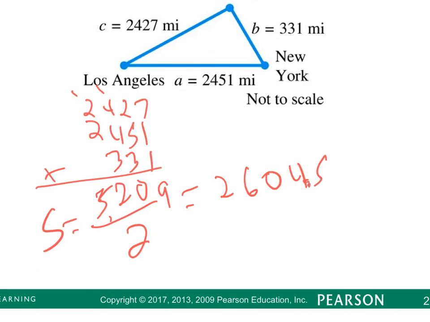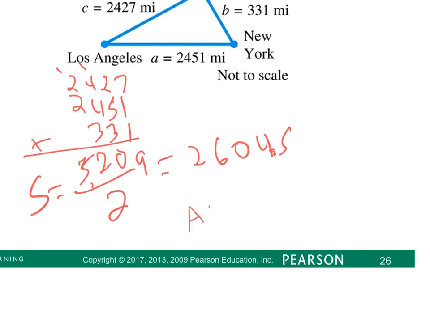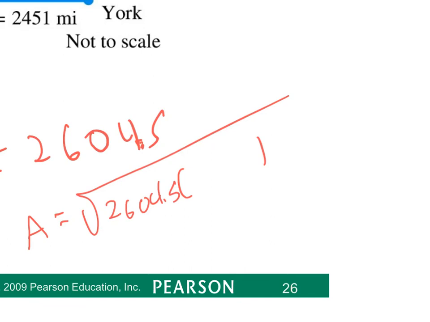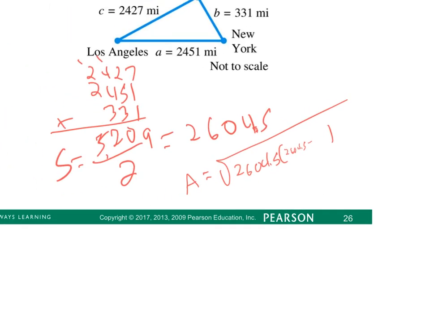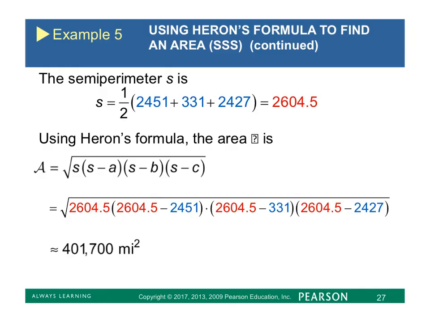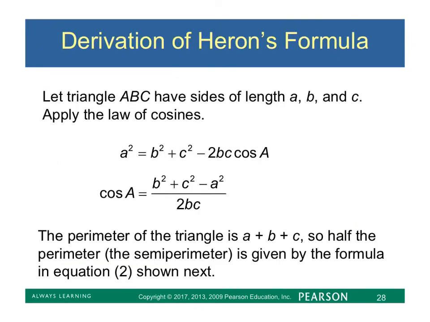So it's still a calculator problem now because the area will be the square root of 2604.5 times 2604.5 minus, I don't want to do it. All those numbers, you've got the idea. I've got them. I just didn't want to do the work. It's a calculator problem. And I'm not going to derive it. Just have fun reading it.